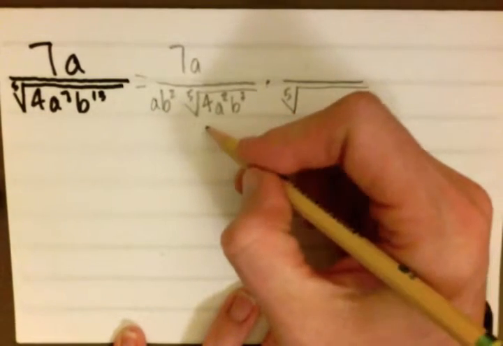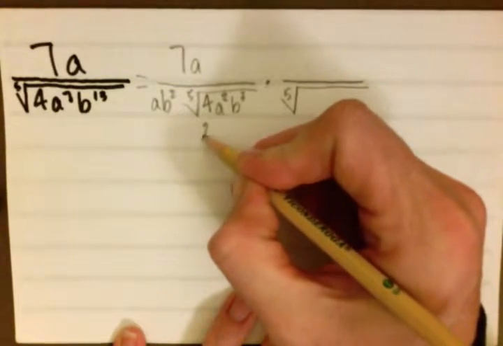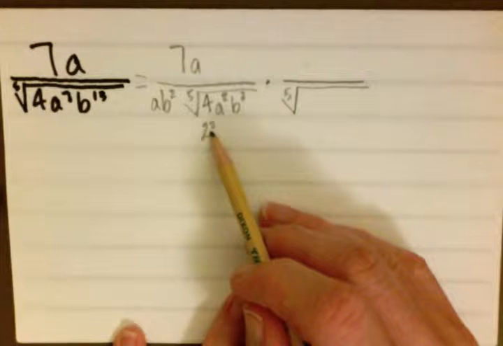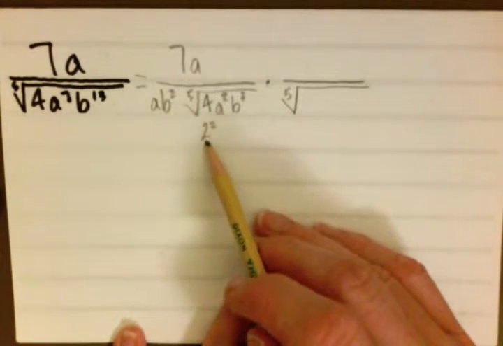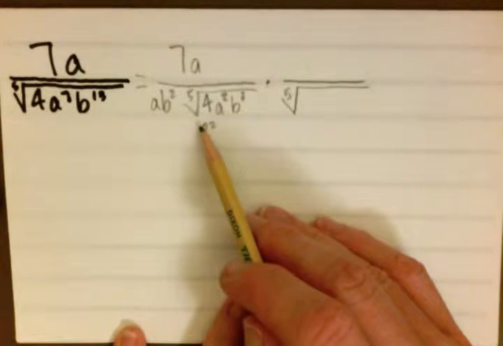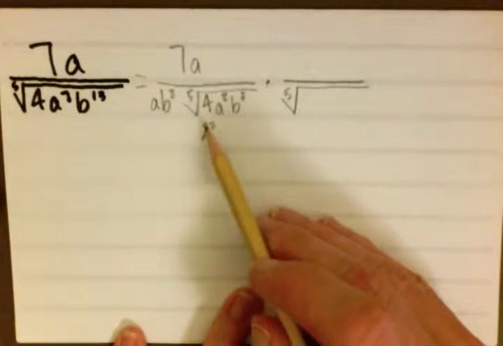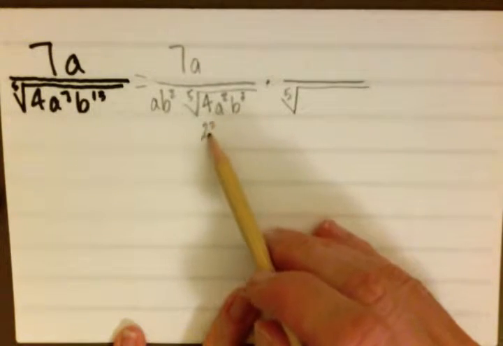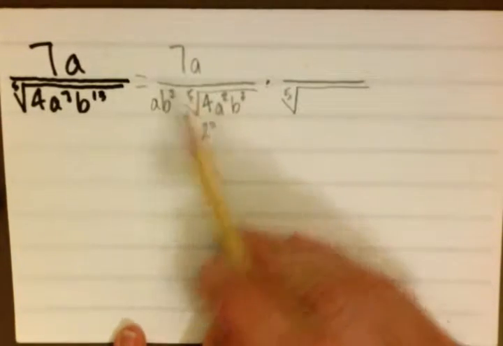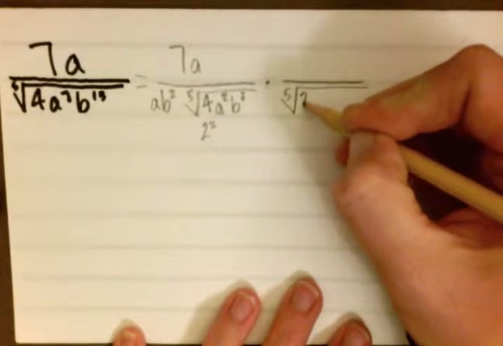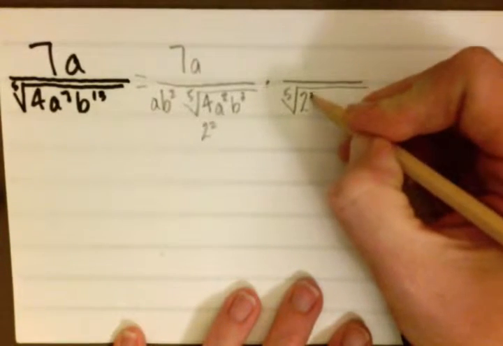So we know that 2 squared is 4, but we need to get a total of 2 to the 5th in order for the number to come out from underneath the radical. So if we have 2 squared and we need to make it 2 to the 5th, we want to multiply by 2 to the 3rd.